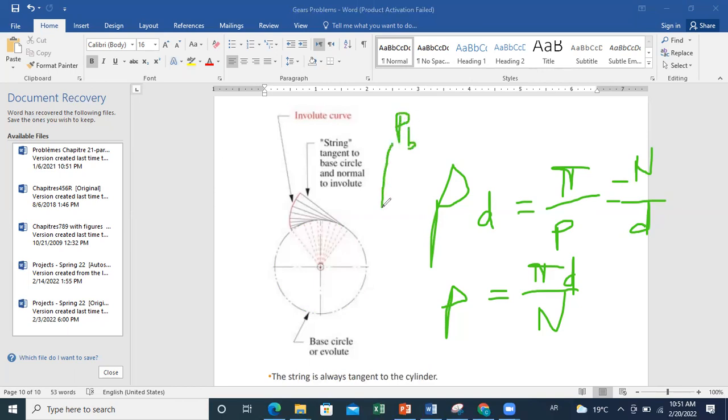PB is like the definition of the circular pitch, but instead of using the diameter of the pitch circle, you use the diameter of the base circle.